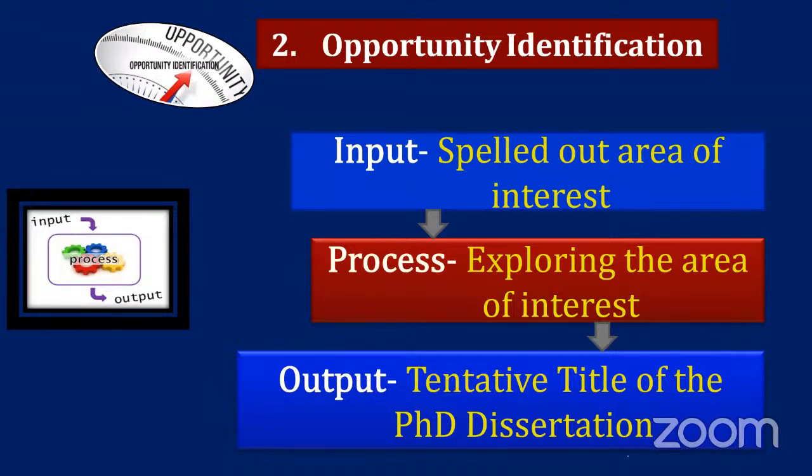So I have spelled out the area of interest as embedded operating system, and I start exploring what the recent trends are, and then I ask the AI tool to generate for me a tentative title of the PhD dissertation on embedded operating system pertaining to the current research trends. So this is how input, process, output will go.